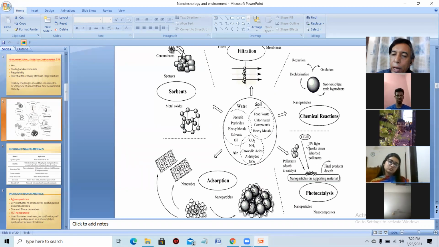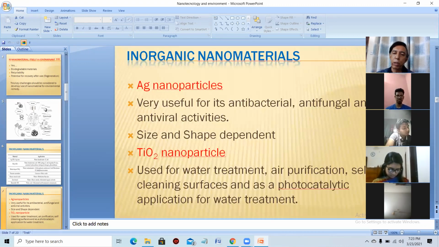Then UV light from sunlight, or UV light that you pass on that pollutant, is absorbed by the titanium oxide nanoparticle, and the contaminant will break down. So this is the photocatalytic activity. This is called photocatalytic application of water treatment.